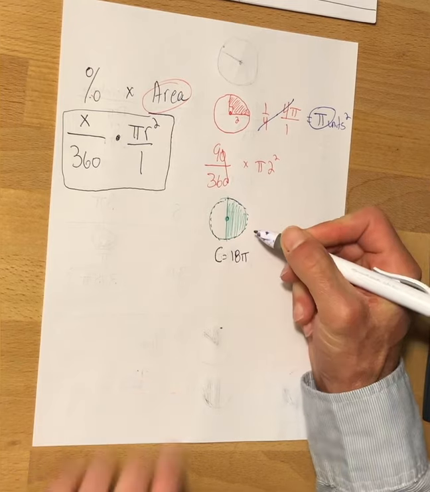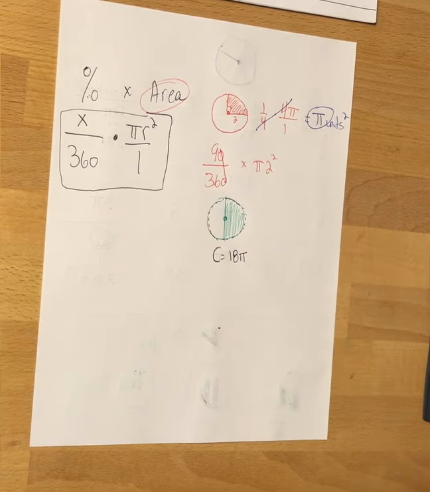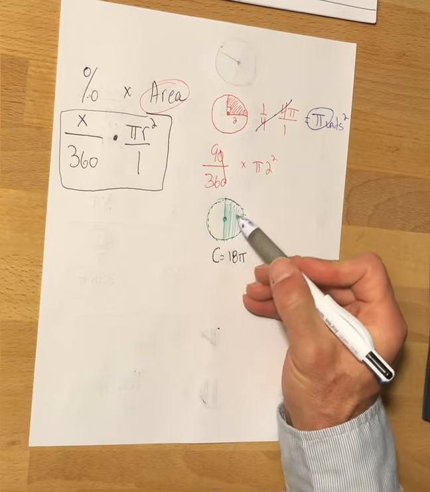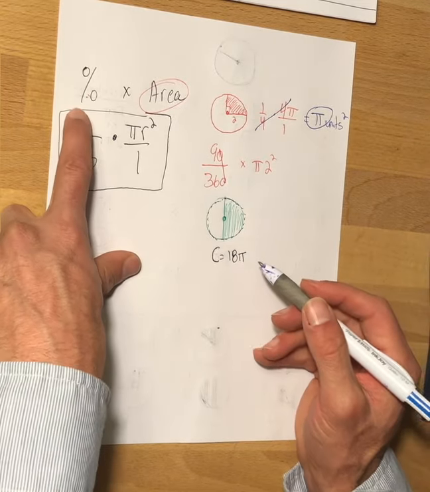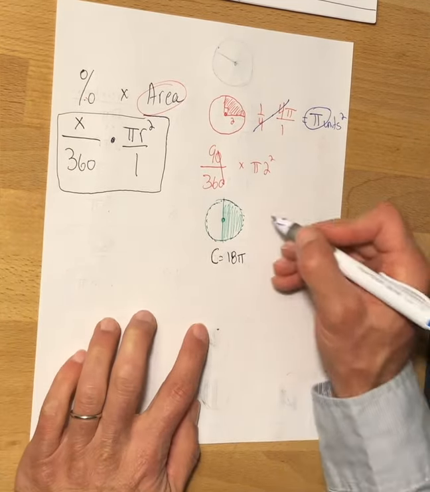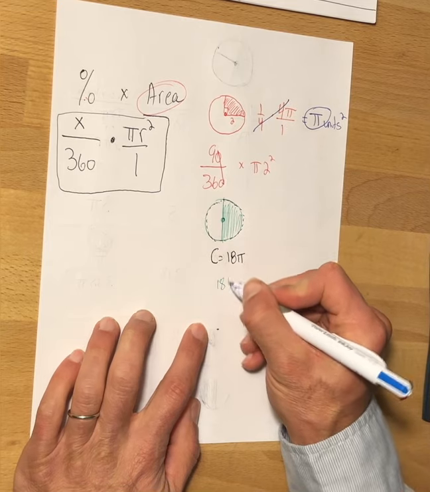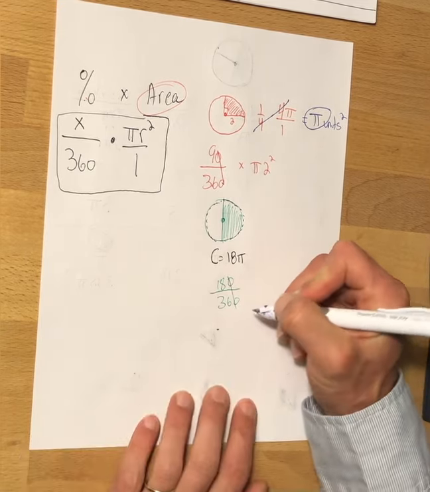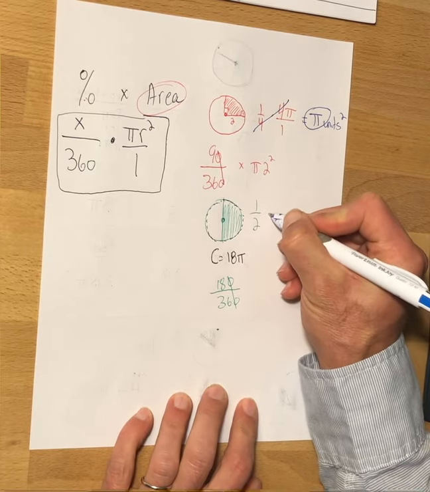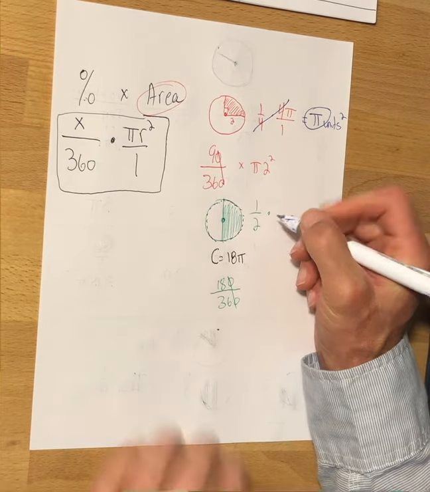This is the second example question in the notes. What's the area of this shaded region, which is called the sector of the circle? So in this sector, your percentage that's shaded is 180 out of 360 degrees, which is 18 over 36, or 1/2, times, okay, now we got to work backwards.